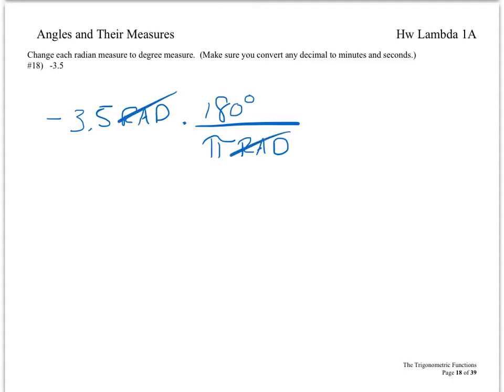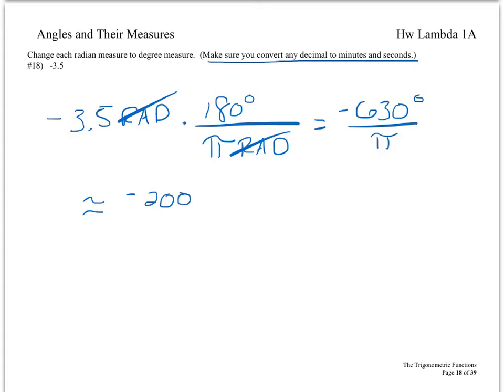I can divide my radians. 180 times 3.5 is 630, so this is negative 630 degrees divided by pi. Nothing cancels. The direction says if you have any decimals, convert to minutes and seconds. So I'm going to divide this by pi, and I get something like this. I say something like because it's an irrational number.